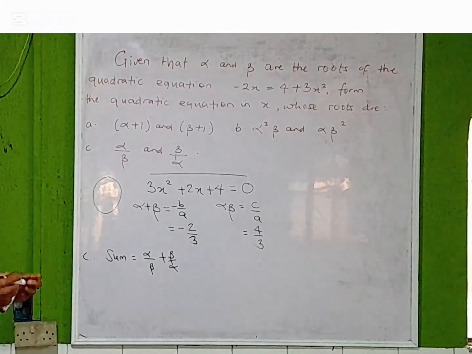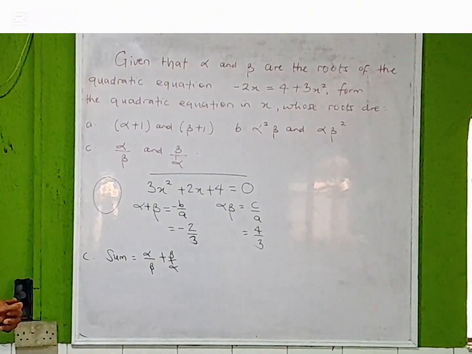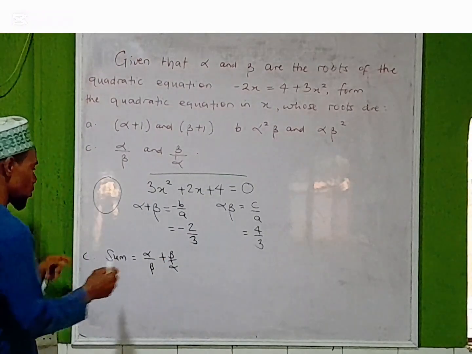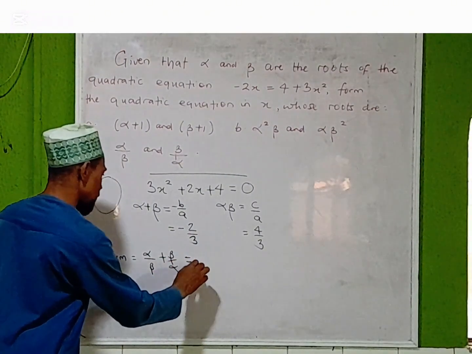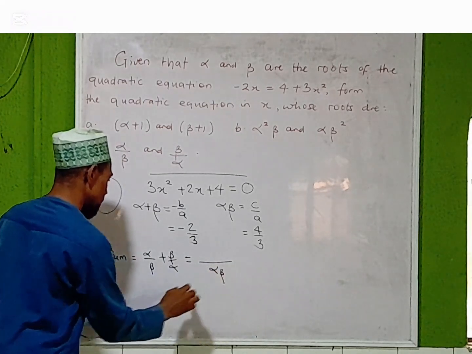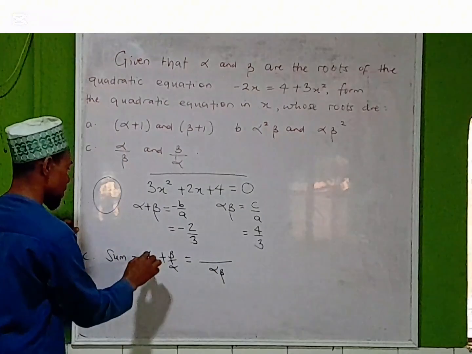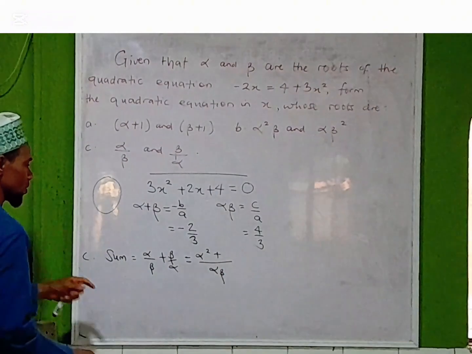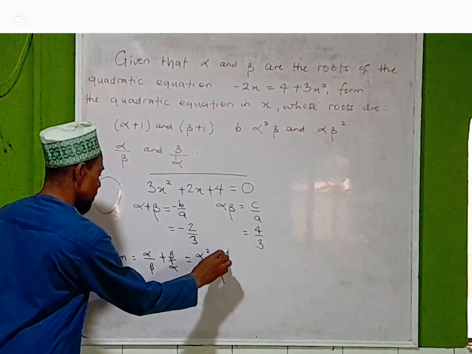Remember, again, there's nothing as sum and product directly here yet. So we need to simplify further to extract the sum and the product of alpha and beta. So we have the LCM being alpha beta. Beta in alpha beta is alpha times alpha, alpha squared. Alpha in alpha beta is beta times beta, we have beta squared.